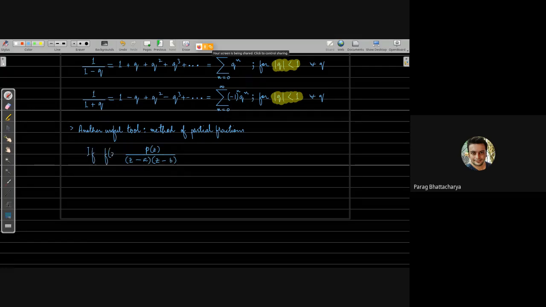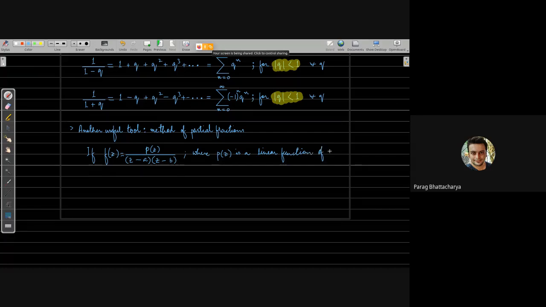If f of z can be written like this, where p of z is a linear function of z.